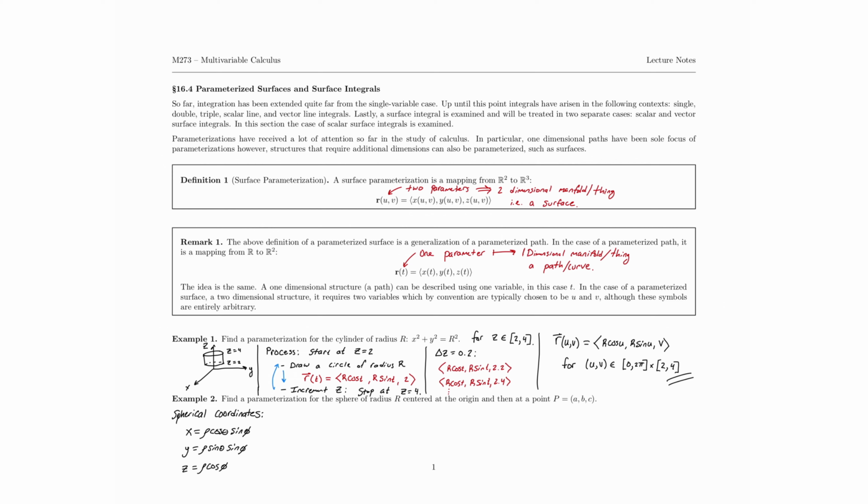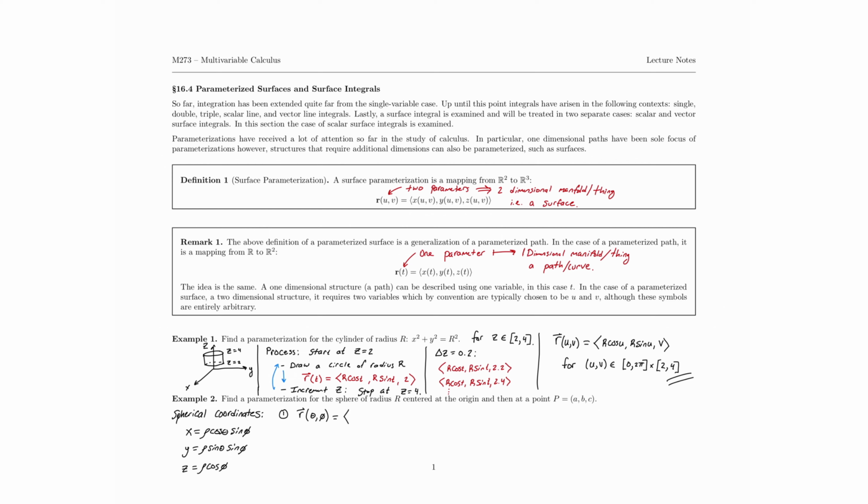So essentially, these equations right here are going to be our x, y, and z components of our parameterization. So there's two options here. Option 1 is to keep things in terms of theta and phi and just write your surface parameterization not using u and v, just keeping them the same.